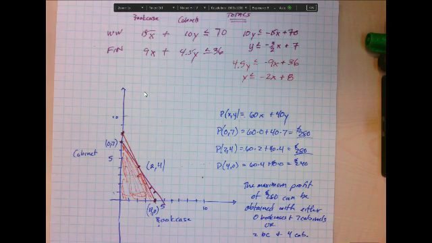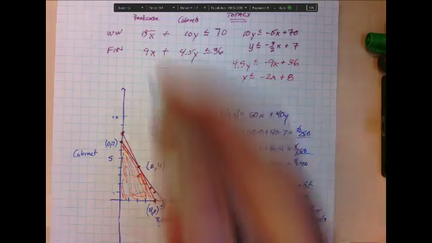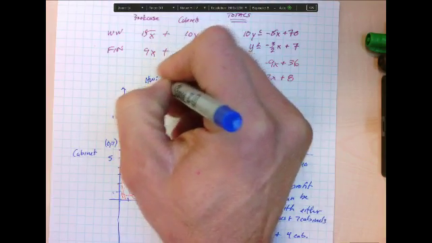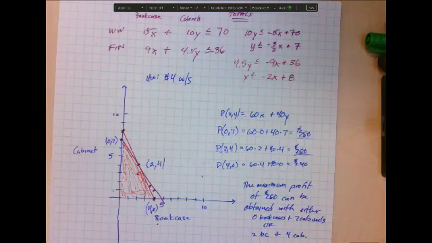So, let's see here. Finish number 4. And so number 4 on the sheet, I'm changing the homework, so if you're on Google Classroom, it's going to be different.